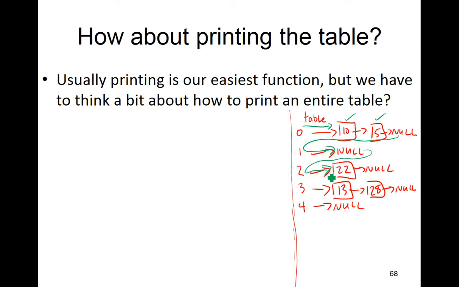And when I hit null, go to the next row and print. And when I hit null, go to the next row, print, print, go to the next row. And I have to do something in order to say, in this case, stop.